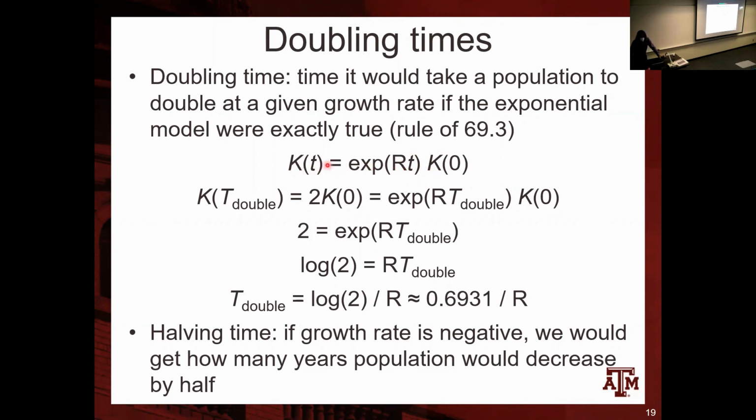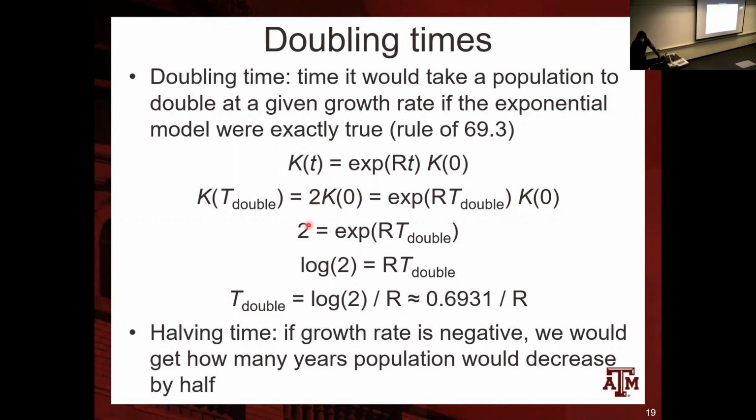So what I'm trying to look for is when this one here equals 2 times K0. So I'm going to have this one substituted by 2 times K0. And I have here the exponential of the population growth rate and the time in which my population will double from K0 to 2 times K0. K0 is multiplying both sides of the equation, so I can just cancel them.